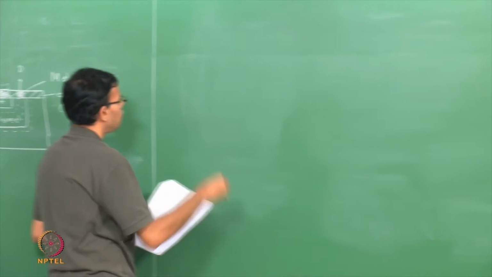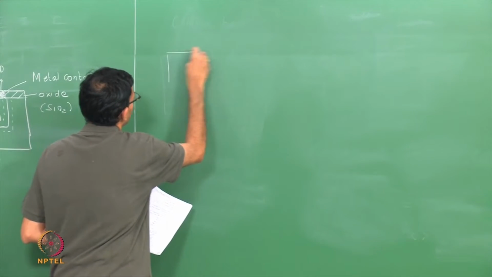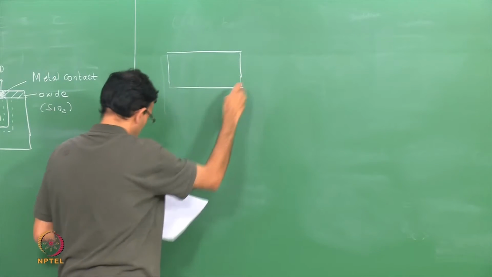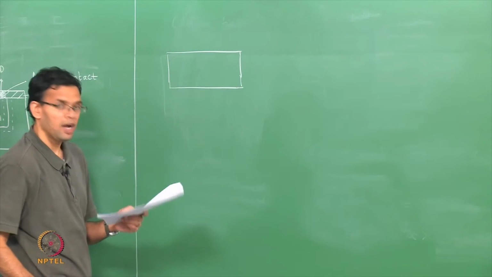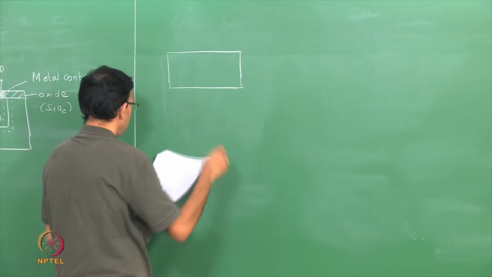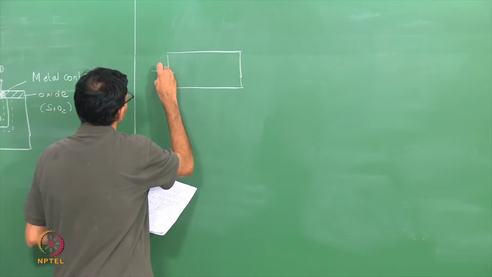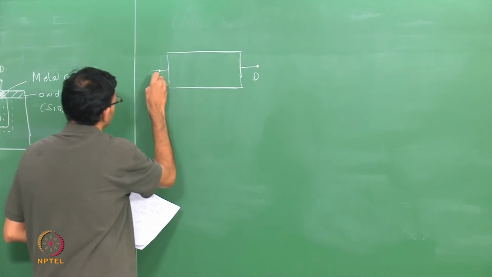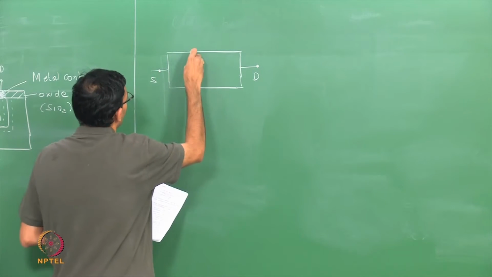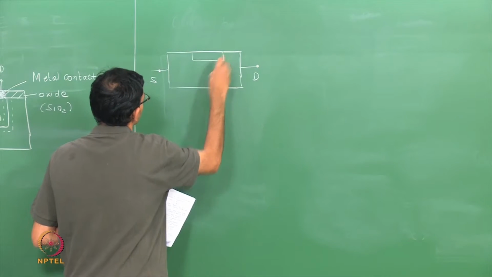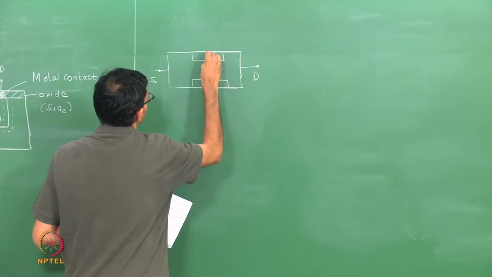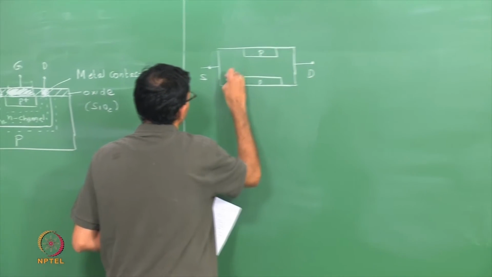So let me redraw the schematic of the device. You have a source and you have a drain. This is my drain, that is my source. I have my 2 p regions. This is n.